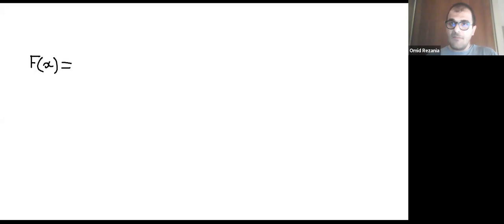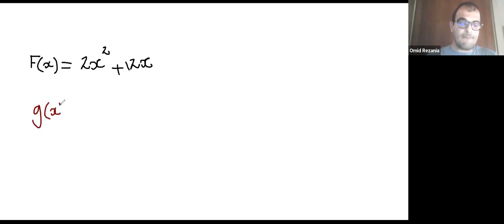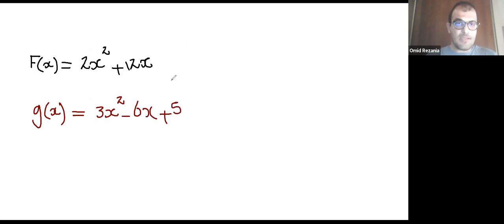I'm just going to give you 2 options. f of x is going to be 2x squared plus 12x. And I'm also going to give you g of x, which is going to be 3x squared minus 6x plus 5.